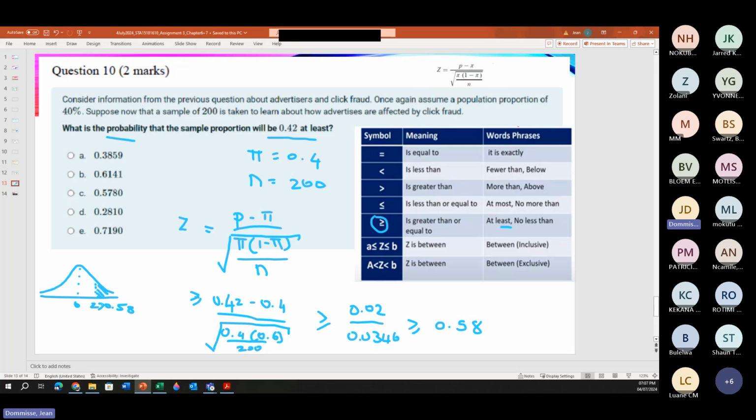So again, if we look at 0, on the left-hand side there's already half of it lying. So when we work out this probability, we're going to look at the tables, but you can already say it is going to be less than 0.5. So look at that, 3 options gone.